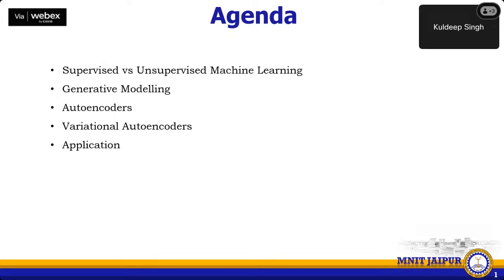And in the next session, which is the practical session, we'll do experiments and implement a variational autoencoder again on the MNIST data set.